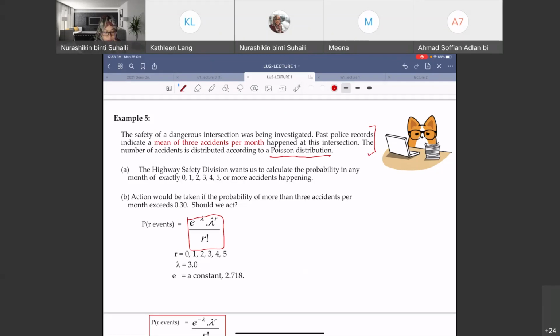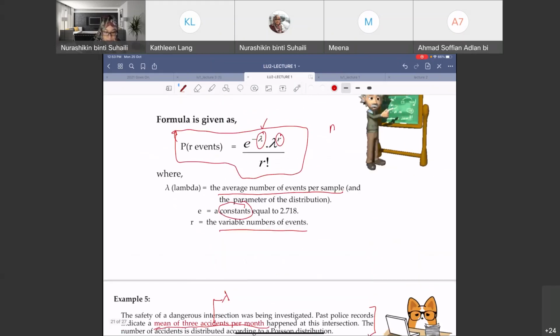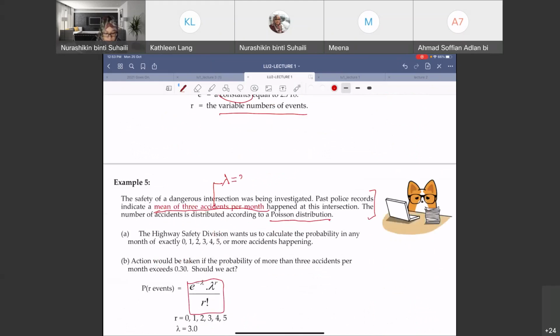So here, a mean of 3 accidents per month. This is actually the lambda value. Remember, the average number of events, or the mean, is the lambda. So here lambda equals 3. What else? There's nothing more. Let's have a look at the first one. The highway wants us to calculate the probability. We are still talking about probability, which means the values must be less than 1, in any month of exactly 0, 1, 2, 3, 4, and 5 or more accidents happening.